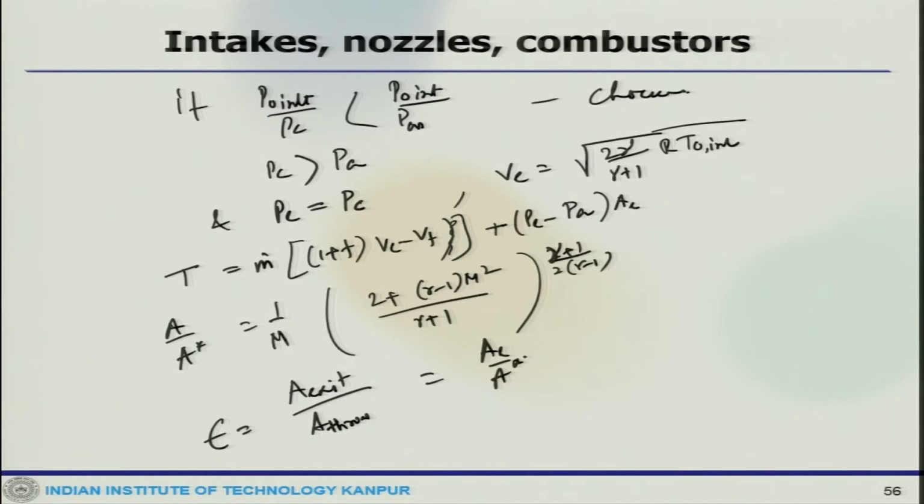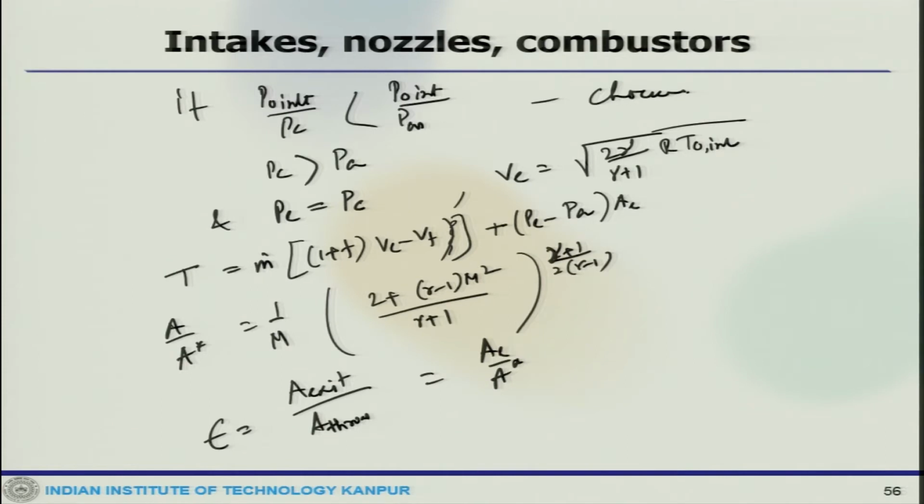The area ratio of a convergent nozzle is unity, while for a convergent divergent nozzle it is greater than unity for aircraft, but for rockets and space vehicles it could be as large as possible, maybe 50 or more. So, the exhaust speed is obtained by the nozzle area changing and this expansion through the nozzle.